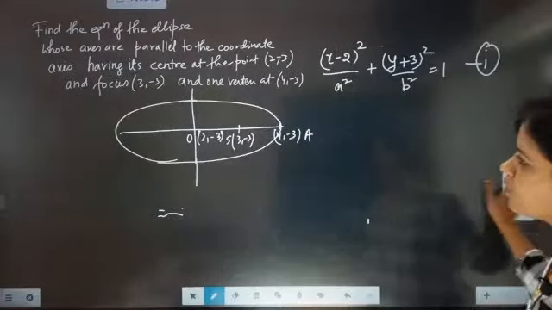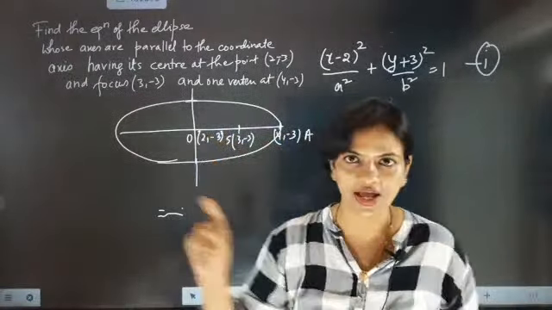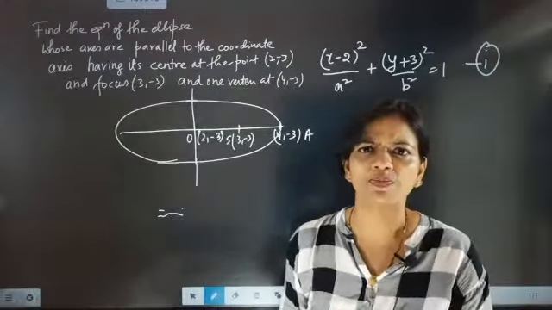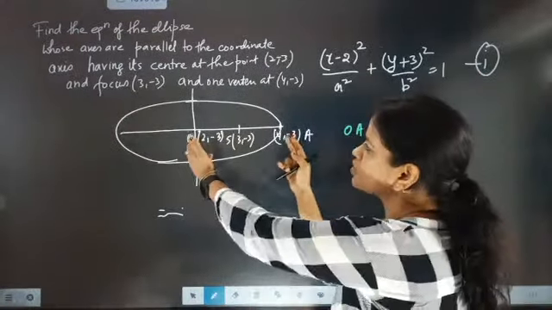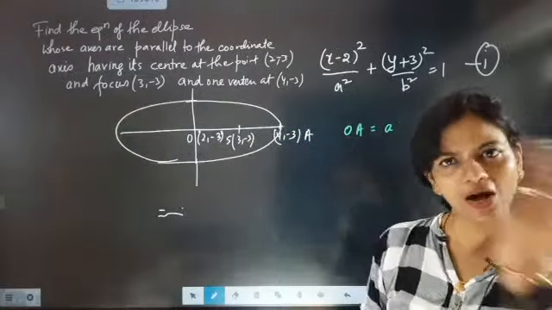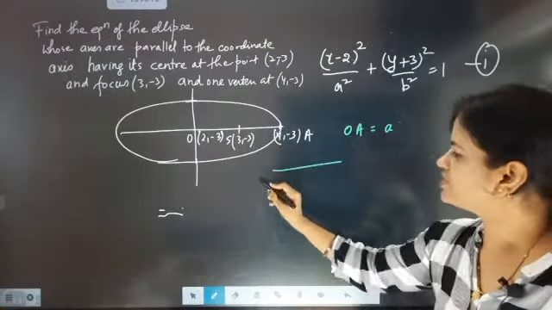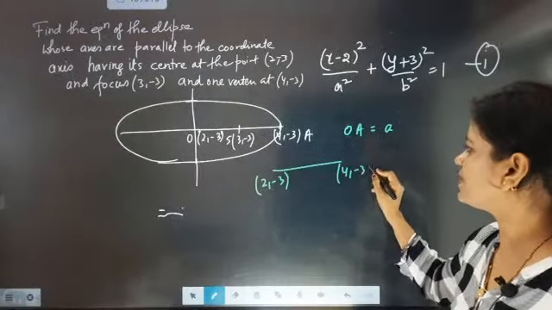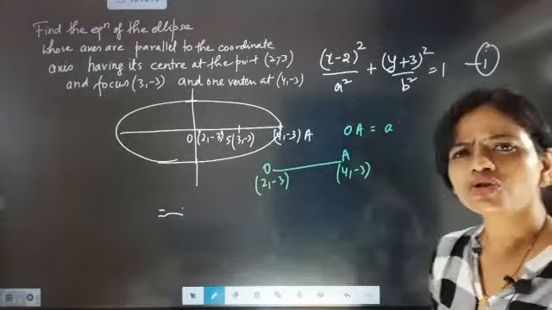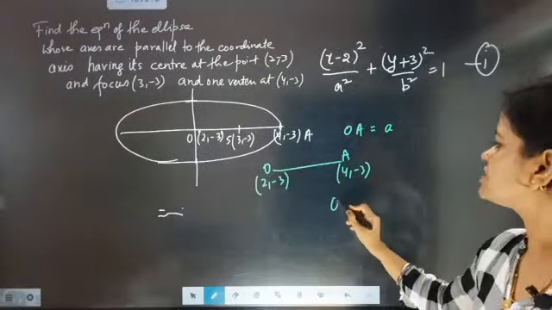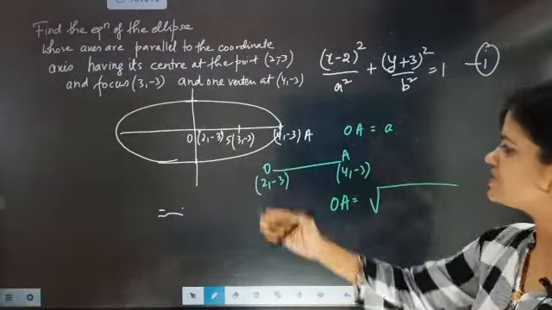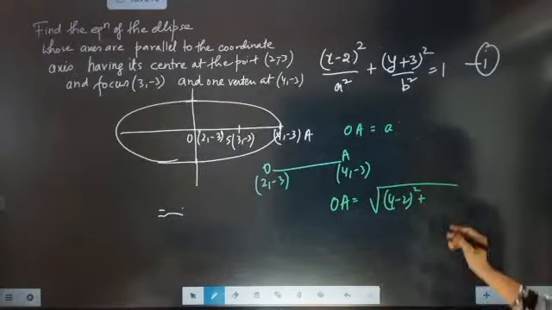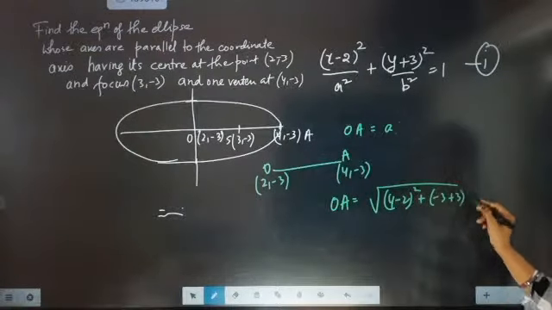So now we are going to take OA as A. We are going to use the distance formula, because if I take the origin point and the A point, what am I getting? The center is coming as (2, -3), A is coming as (4, -3). Use the distance formula: (x2 minus x1) whole square, 4 minus 2 whole square, plus (y2 minus y1), -3 plus 3 whole square.